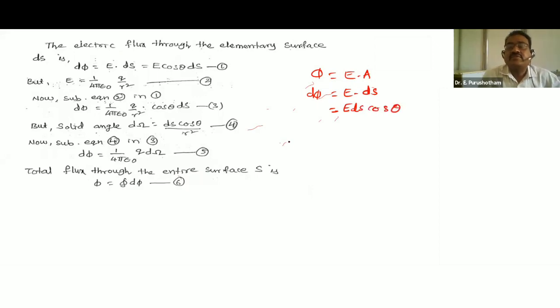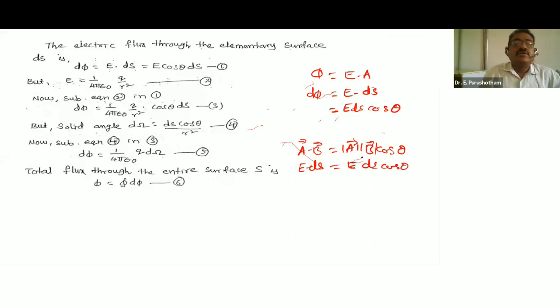So what about this? A dot B, the dot product in vectors, is mod A mod B cos theta. In the same style, E dot ds is equal to E ds cos theta. So you see here, the electric flux d phi through the elemental surface ds is given by d phi is equal to E dot ds.